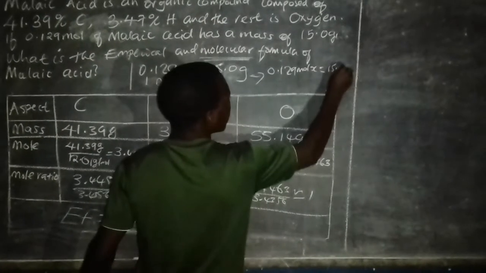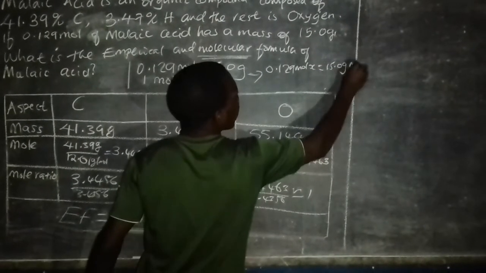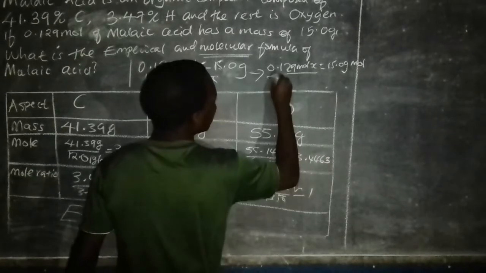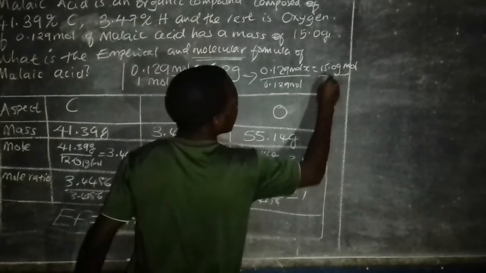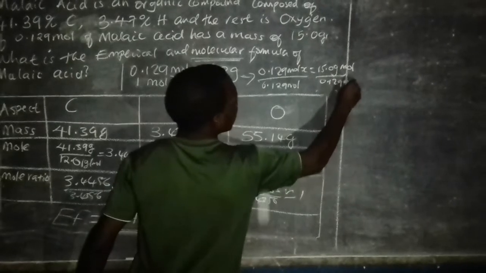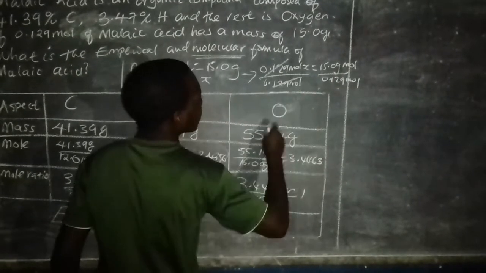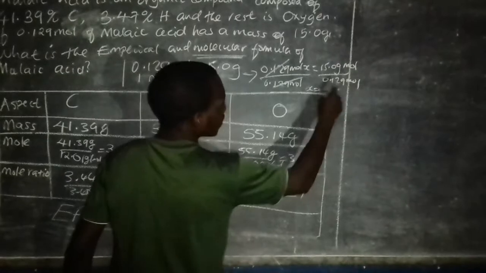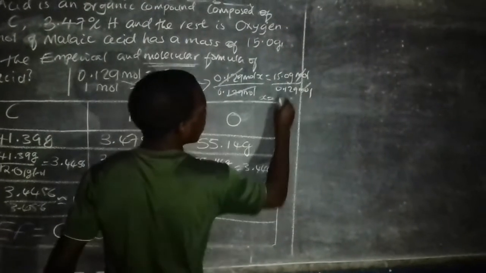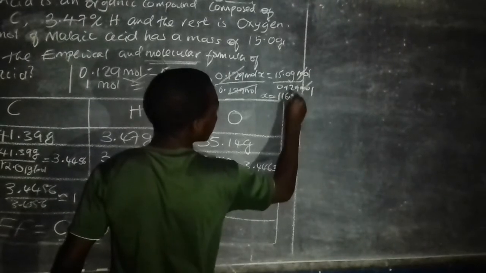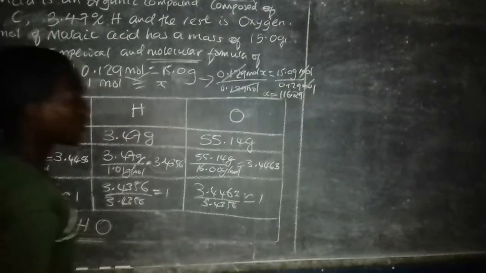So we divide this by 0.129 mole, also here by 0.129 mole. That means X is going to be what? 116.29. 116.29 grams.